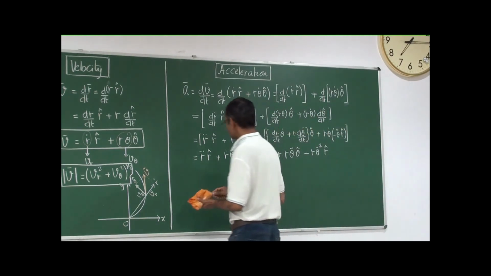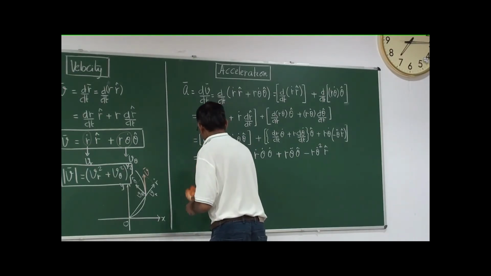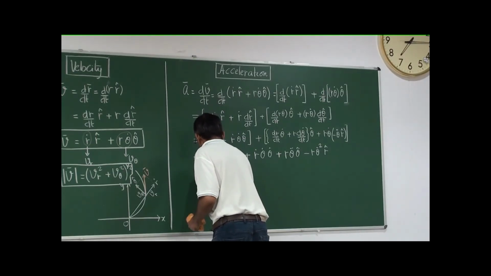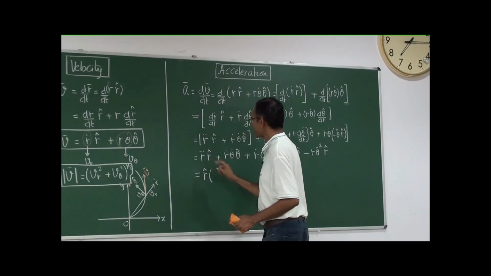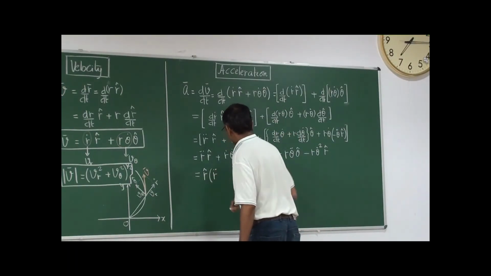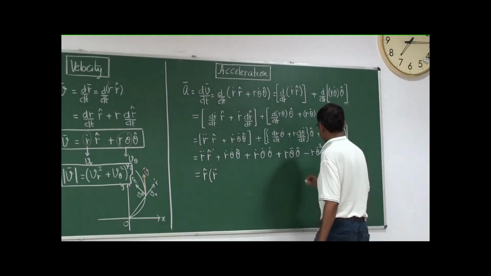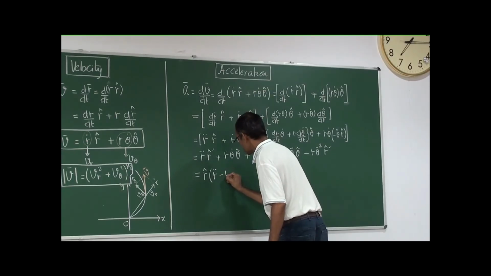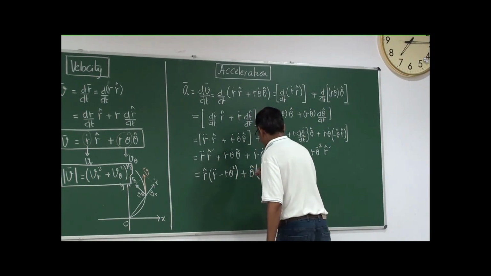Okay. I hope it is clear till this step. Now what I will write, let me write r cap common: r double dot, so r cap is here and here, so minus r theta dot square, plus theta cap.